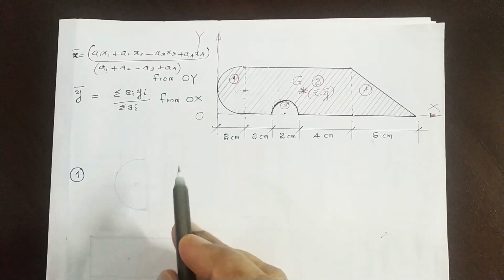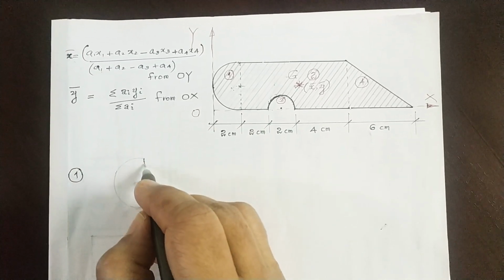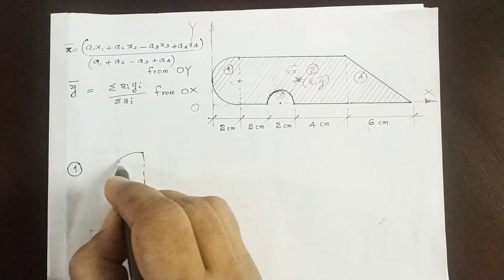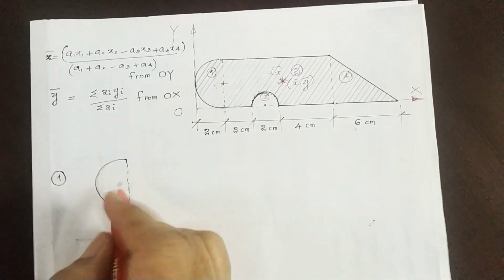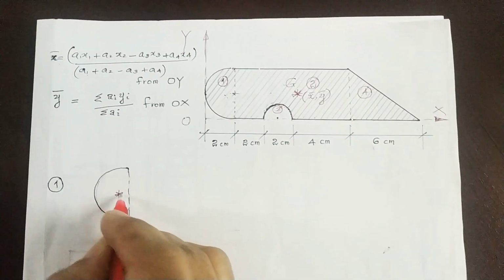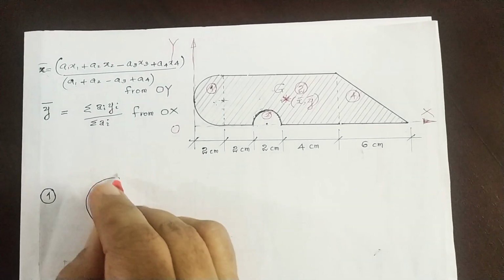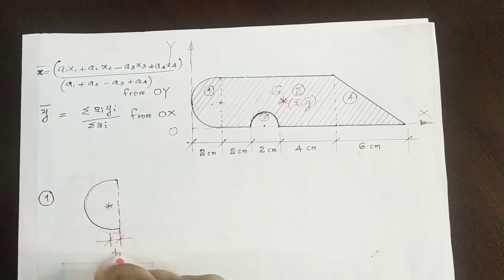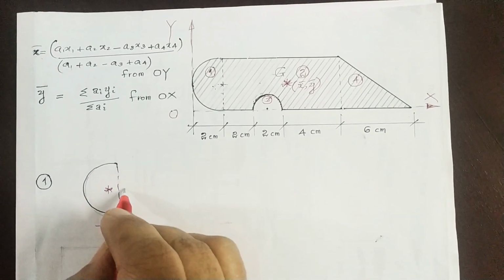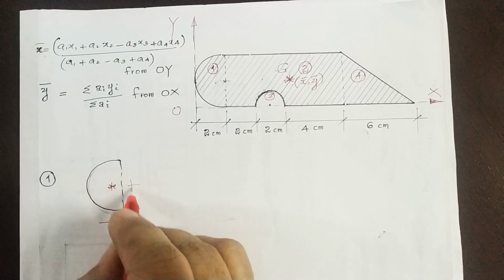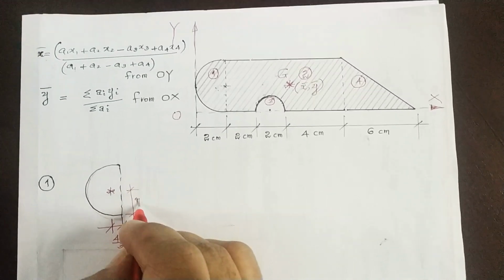Now let's take the first component of this composite lamina, the semicircle. So this is semicircle 1, and the centroid of the semicircle is, as you know, this distance. The centroidal distance from the diametric segment is 4r by 3 pi, and the centroidal distance from one end of the diameter is r itself.